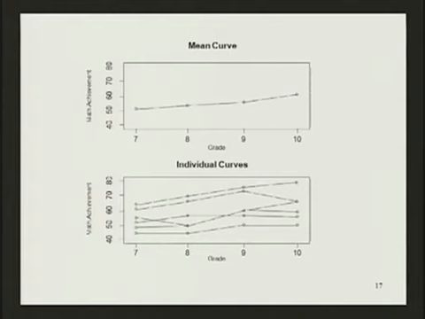So you can ask questions about the variation in the starting point, variation in the growth rate over time, and covariation between the starting point and the growth rate. Those are 3 things you can ask yourself about in these subsequent analyses.